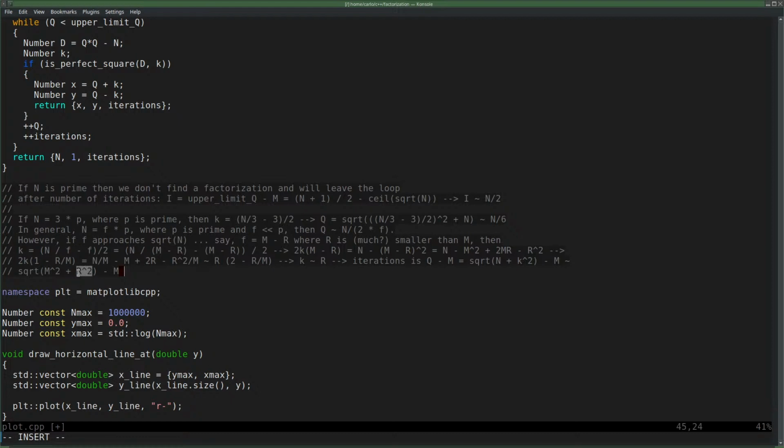Looks like a square, but I have to treat it like 2m times something. That's the trick. And this is the square root of m squared plus 2 times m times r squared divided by 2m.